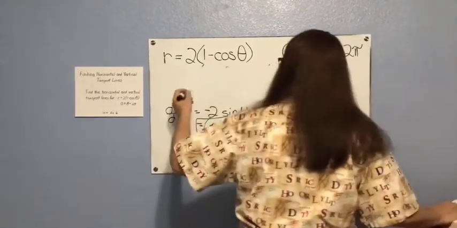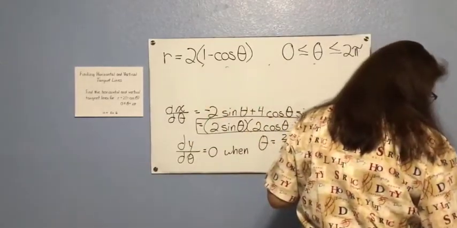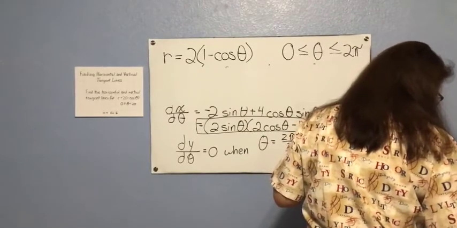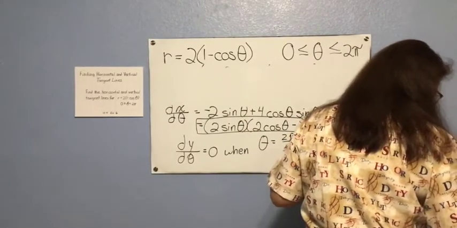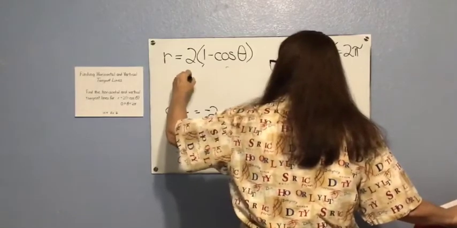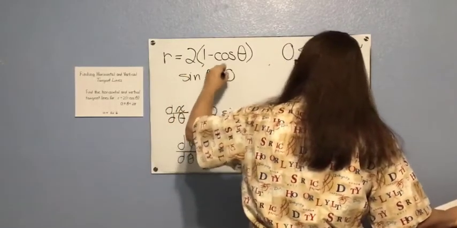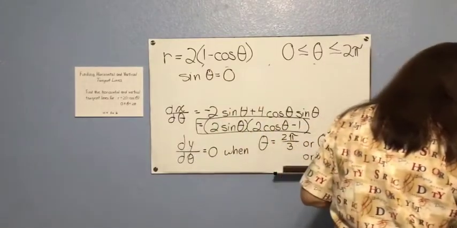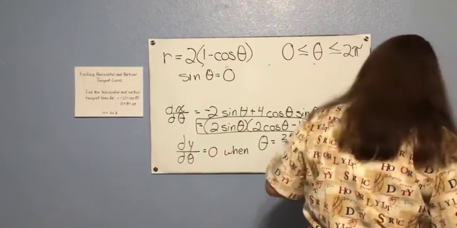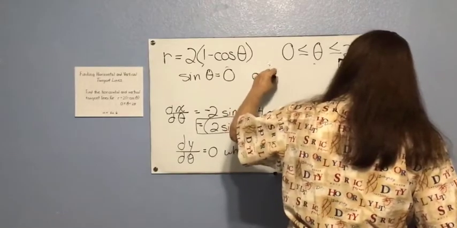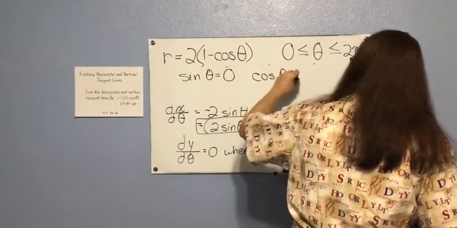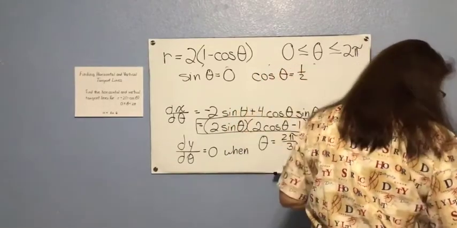So if dx d theta equals 0, that means that sine theta would have to equal 0, and cosine theta equals 1/2.